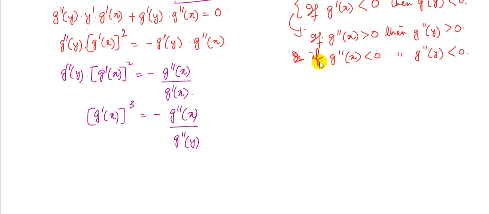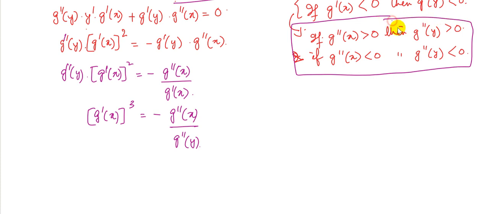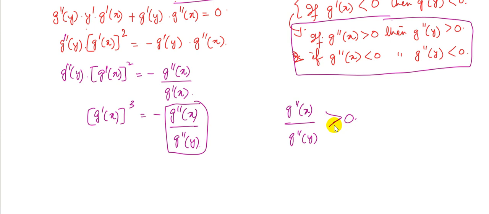So now we know that if the sign of g double dash x is positive, then the sign of g double dash y will also be positive and vice versa. That means the quotient of g double dash x by g double dash y will always be positive. If both are negative, even then it is positive, and if both are positive, then also this is positive. That means g dash x whole cube is negative.